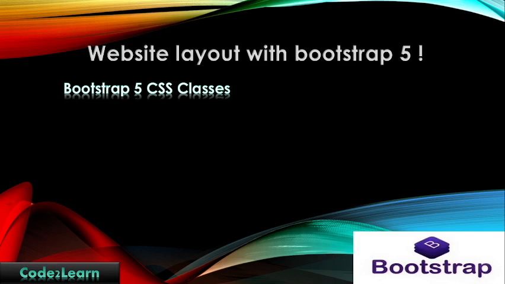Why is it easy? Because in Bootstrap we have three classes that make it user compatible, and with these three classes you can build any type of layout and design for your requirement. The three classes are: first container, second row and third column.